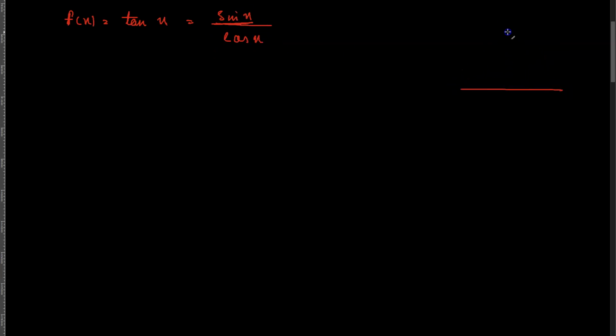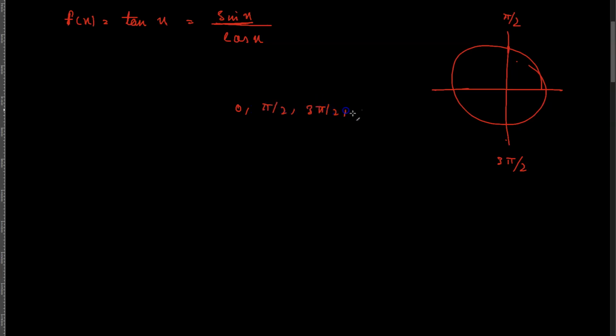Cos is 0, because if you have a unit circle over here, at pi by 2, at 3 pi by 2, at these two angles, and at all the odd multiples of pi by 2, either negative or positive, meaning at pi by 2, at 3 pi by 2, at 5 pi by 2, and so on, at negative pi by 2, at negative 3 pi by 2, at negative 5 pi by 2, and so on.